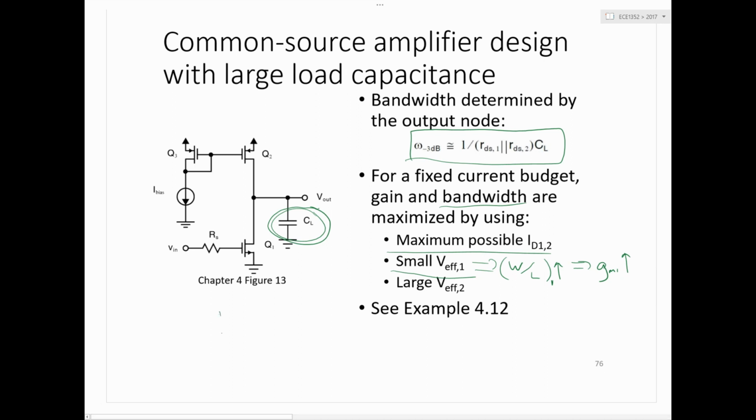So if you have a frequency response like this, by increasing GM, you get more DC gain for the same bias current. That can help shift out the unity gain bandwidth here, where you cross over.